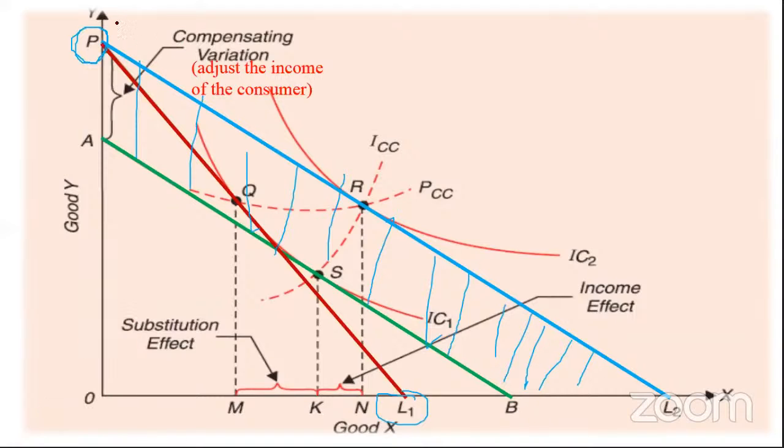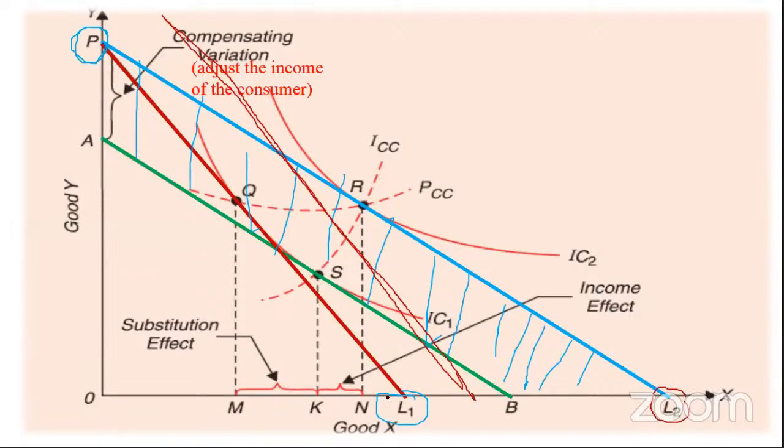That is known as the equivalent variation income method. In the next class I will explain. Today I am explaining the compensating budget line parallel to PL2.